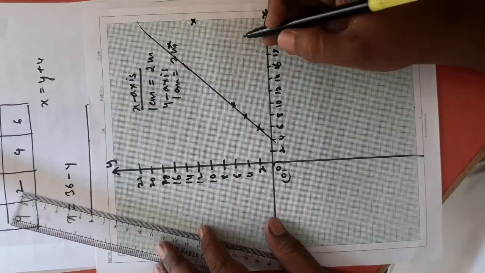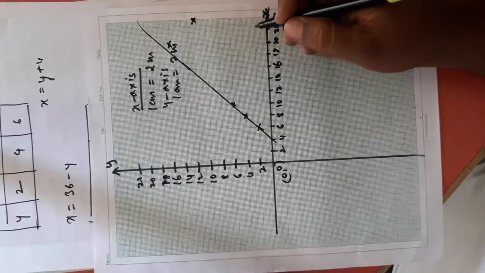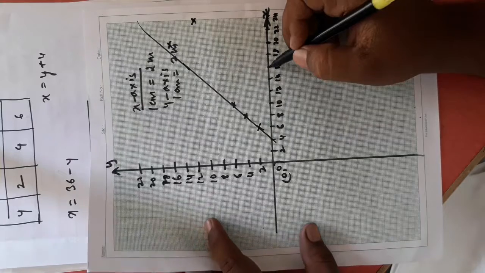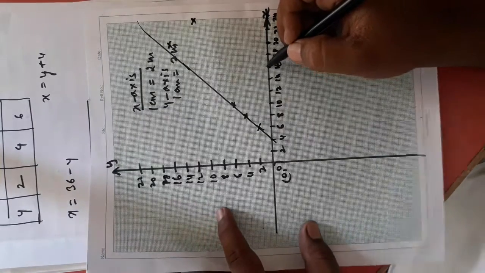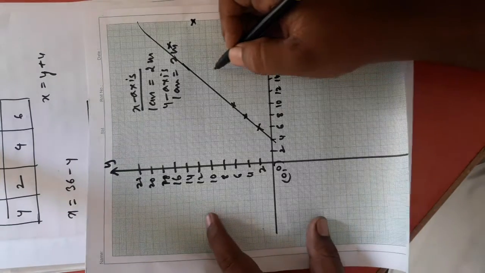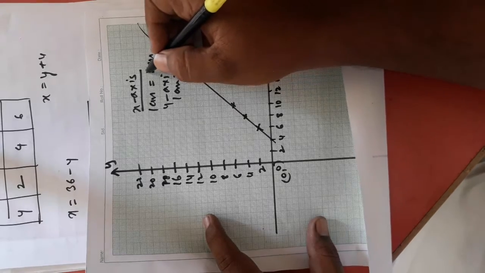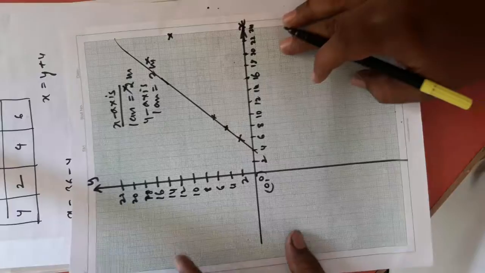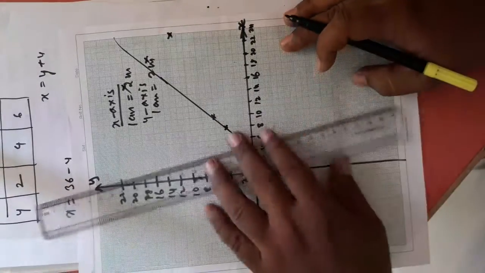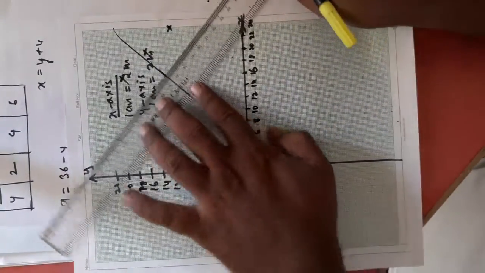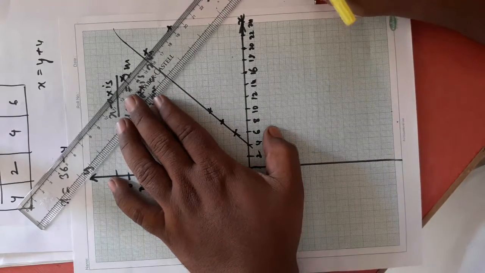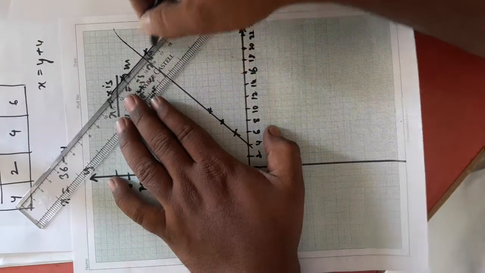Then another point, x is 16 and y is 20, somewhere it comes here. Then if you join all these points to form a straight line, these come to be intersecting lines.